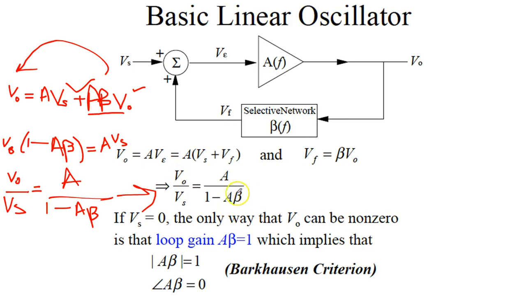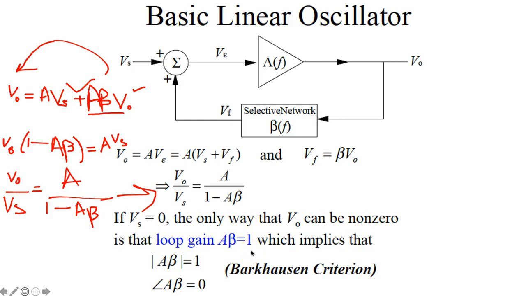Let's read here: if Vs is equal to 0, the only way that V0 can be non-zero is if the loop gain is equal to 1. And when this loop gain is equal to 1, that is the condition we want to achieve.